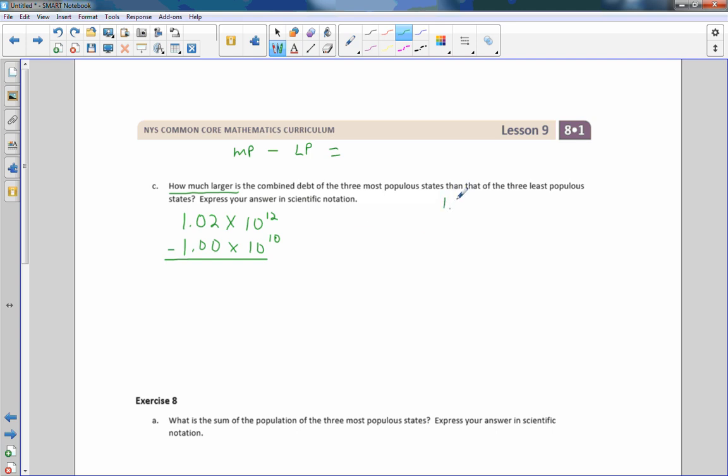If I have 1.00 times 10 to the 10th, that means I'm going to move the decimal. So let me move this here. If I have 1.00 and I want to do 10, I'll move it up here, times 10 to the 10th. That means move the decimal 10 places to the right. 1, 2, 3, 4, 5, 6, 7, 8, 9, 10.